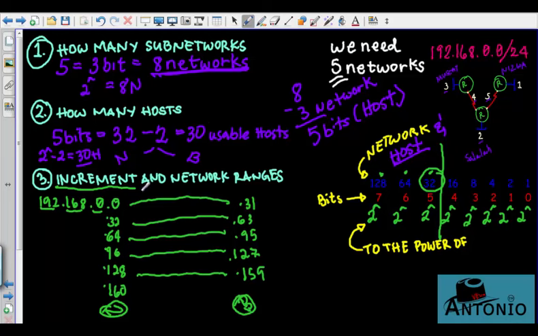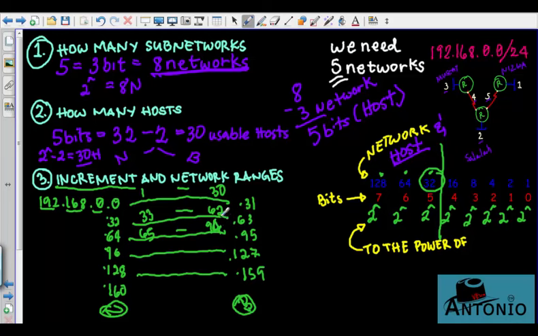So you just add 1 up to 30. You just minus 1 here, then you add 1 here, minus 1. So 32 add 1 is 33, up to minus 1 to 62. Again, you just add 1, 65 to minus 1, 94.